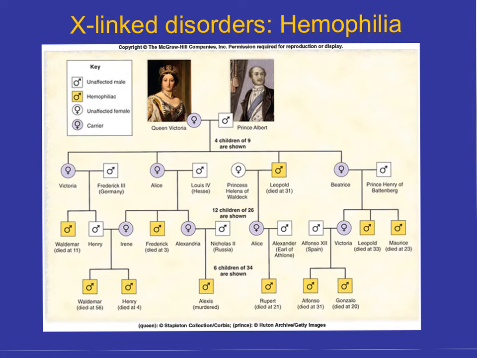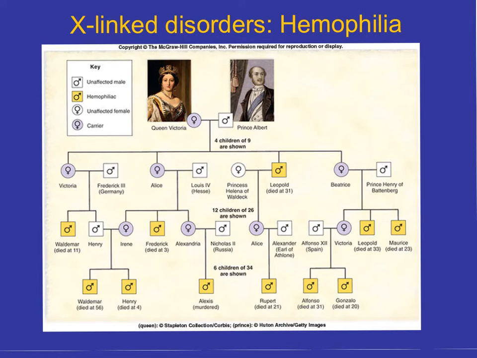Here's another example. This is hemophilia in the English royal family. Queen Victoria was the Queen of England. She died in 1901, so prior to that, it was believed that she was a carrier for hemophilia.